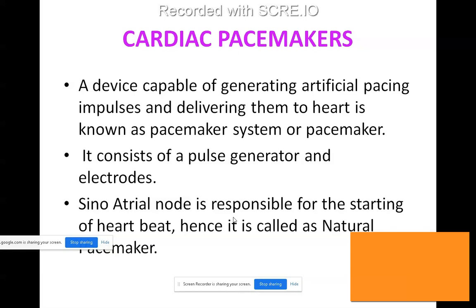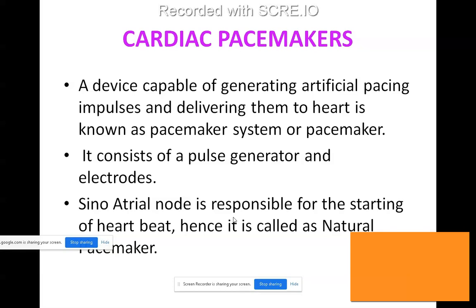Sinoatrial node. The sinoatrial node is nothing but a node which is present in the heart, on the left side of the heart. That node is responsible for heartbeat generation, so it is called the natural pacemaker. We are going to see the artificial pacemaker only, that is a device.